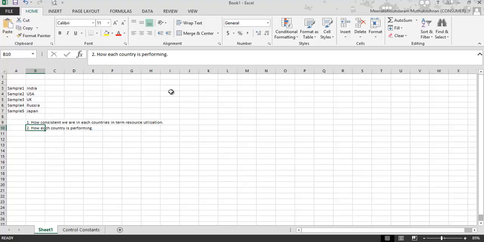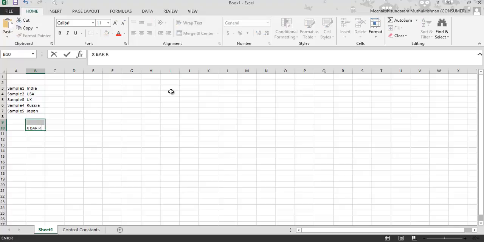So how is it achieved? That's where we have to get into this Xbar R chart. Let us look at the data. Let us assume that we validated 100 people in India in the first quarter. This is Q1, Q2, Q3, Q4.